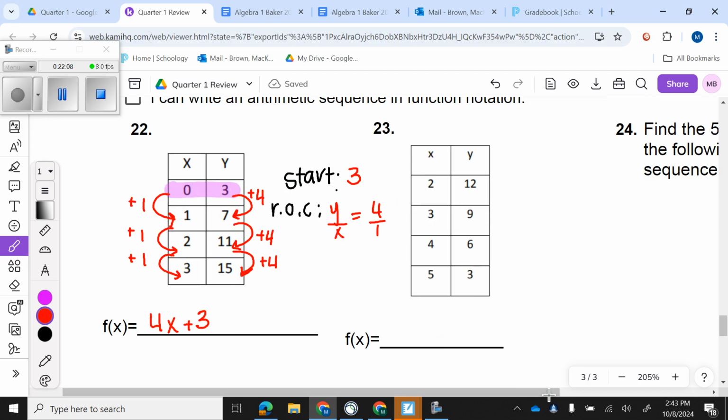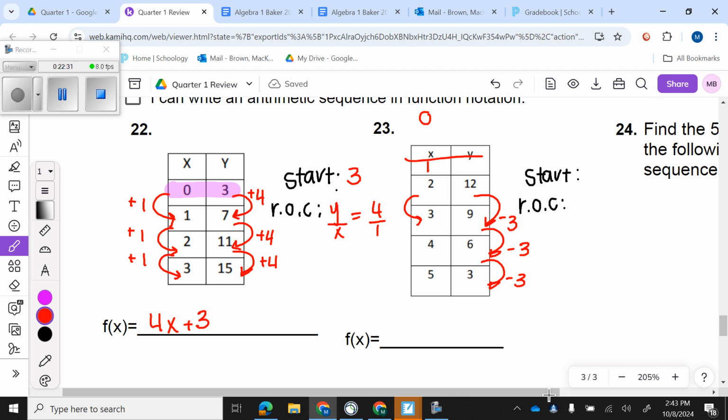Okay, same thing on number 2. I need a start, and I need a rate of change. All right, my start is when x is 0. So I'm going to have to go backwards. Okay, so I got to figure out what's happening. To get from here to here, I subtract 3, subtract 3, subtract 3.